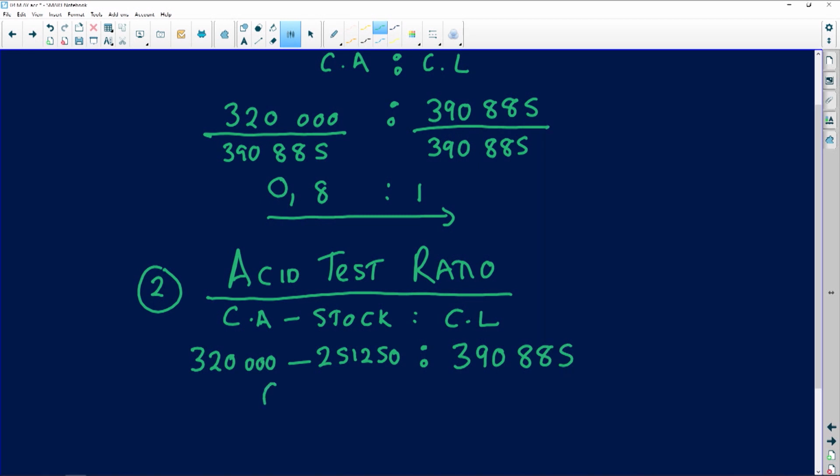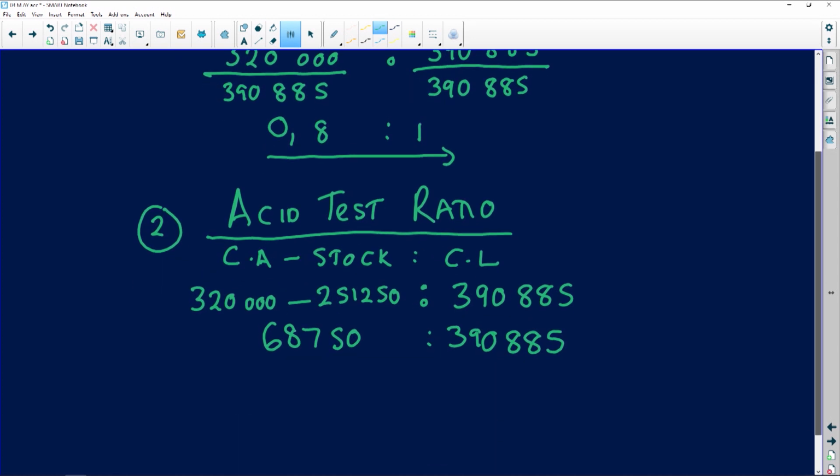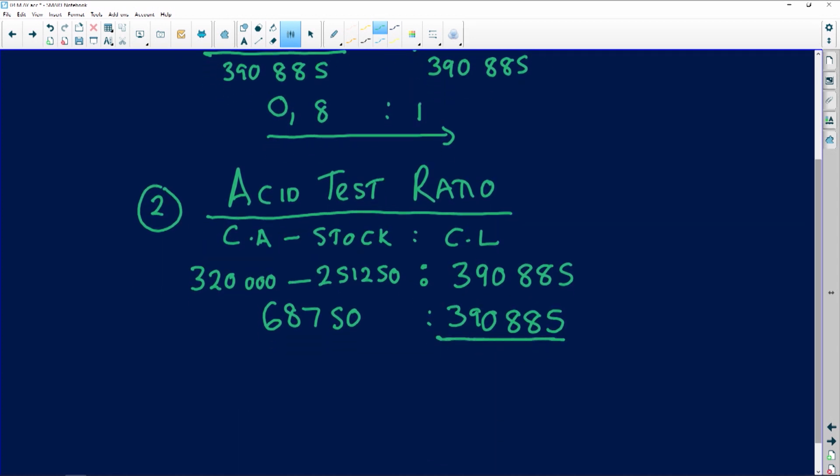So 68,750, and I'm comparing that to 390,885. Right, so once again, in order for me to get my ratio, I'm going to divide by 390,885, and do the exact same thing on the left-hand side of this ratio, divide by 390,885.